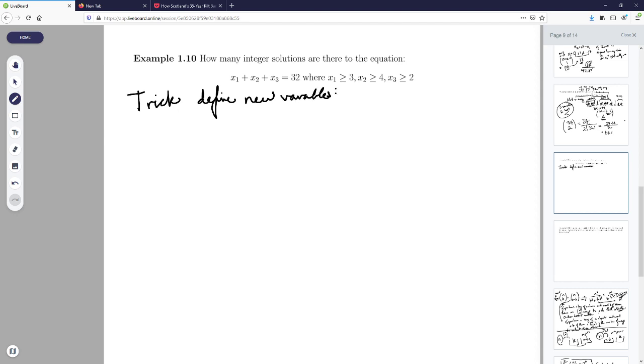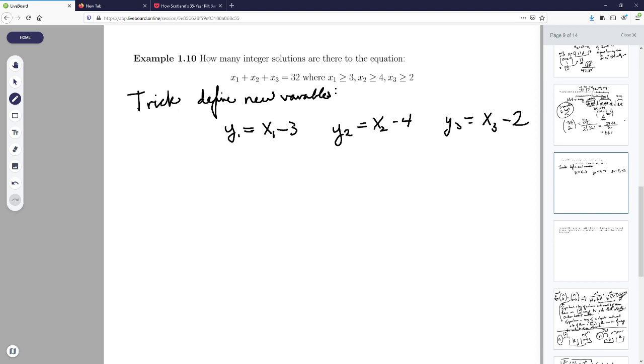And the new variable is going to be y1 is equal to x1 minus 3. y2 is going to be x2 minus 4. And y3 is going to be x3 minus 2.